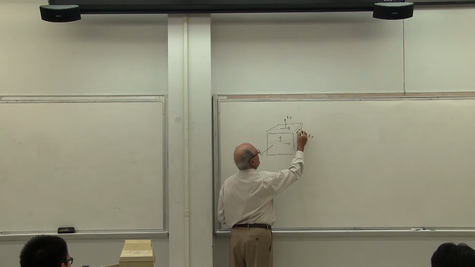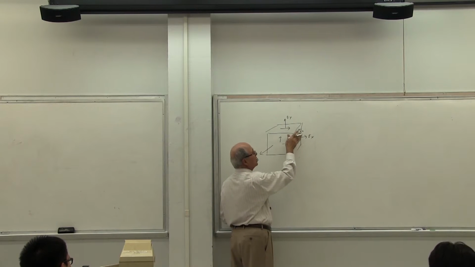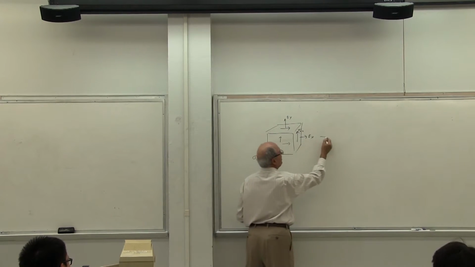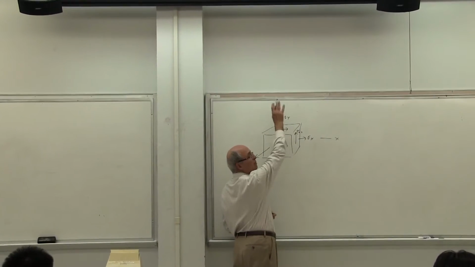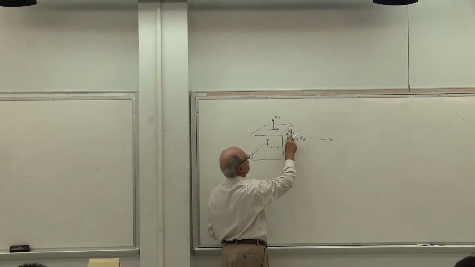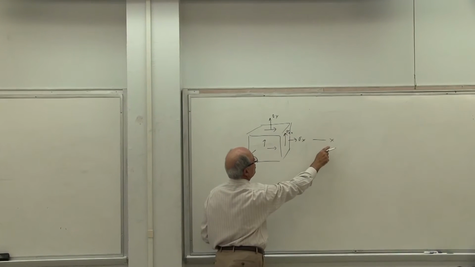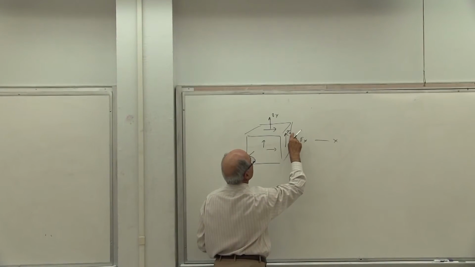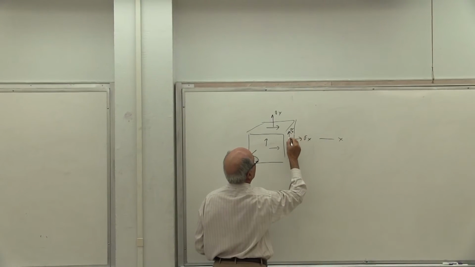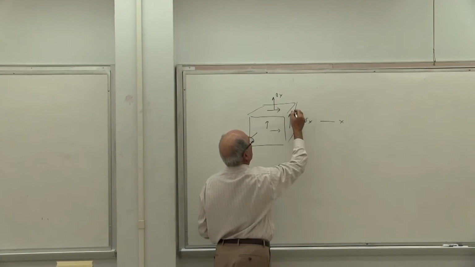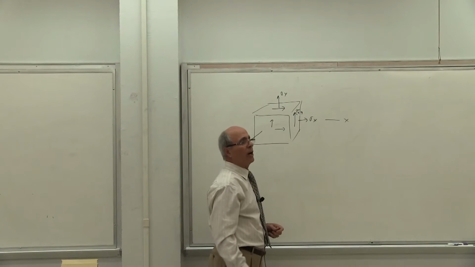Remember the way we subscript this is xy. It means this is in a plane perpendicular to the x direction, and this is in the plane perpendicular to the y direction. So this is in the plane perpendicular to x, but it's going in the y direction.